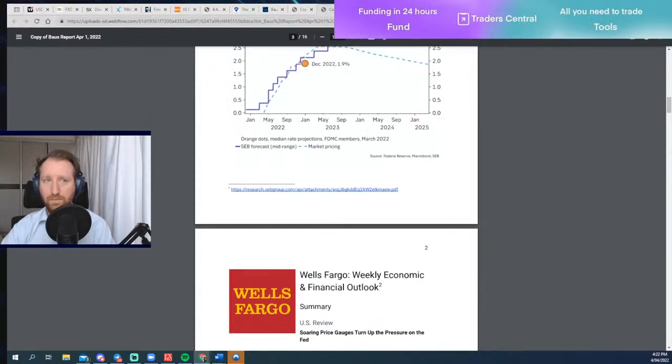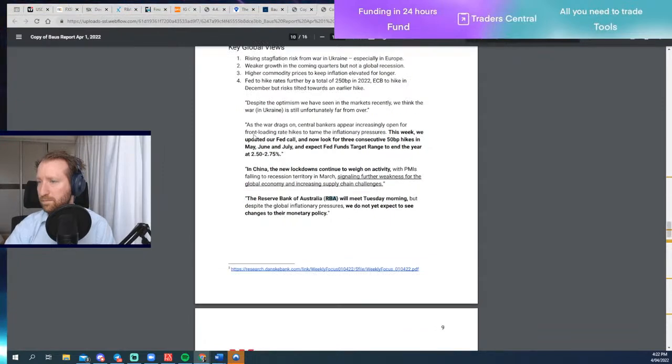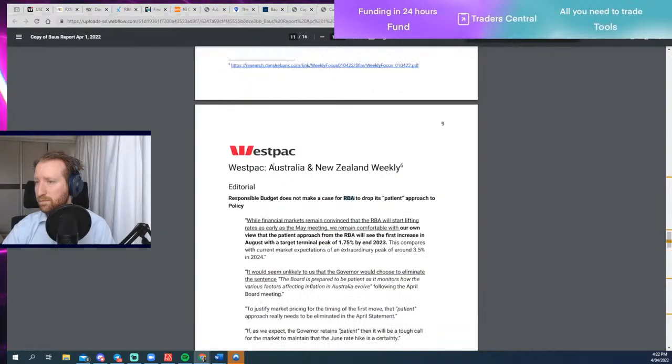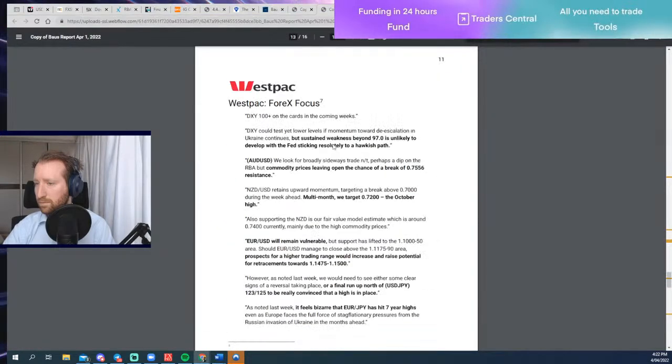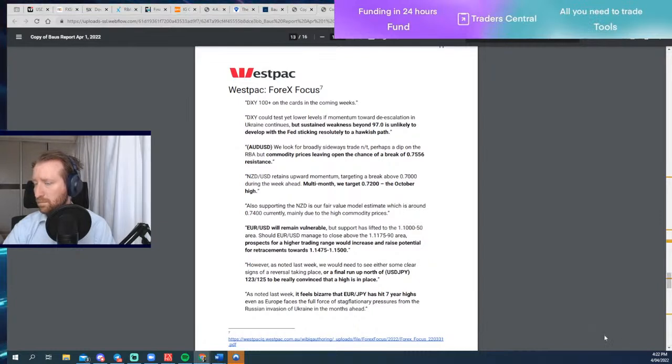Let's see here. There's the one from Donska, and then there's a couple from Westpac. Now, on page 11, I recommend reading it in its entirety, because that's from Westpac's Forex focus page.